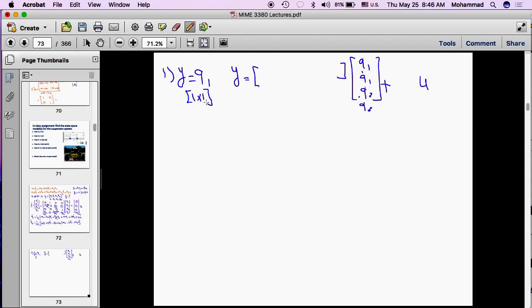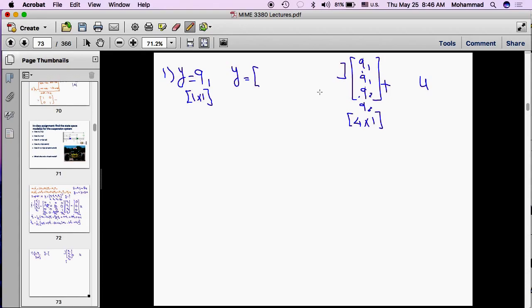Okay. The dimension of X is 4 by 1, 4 rows, 1 column. So what should the dimension of C be, so that the result of multiplying C by a 4 by 1 is 1 by 1? It has to be 1 by 4. So it has to be a row vector.